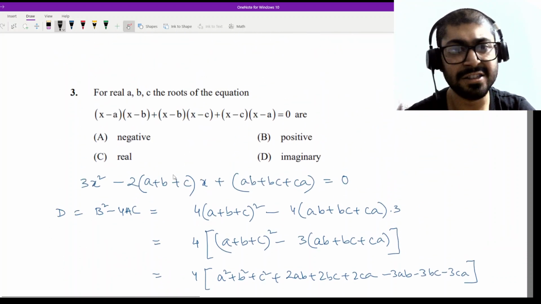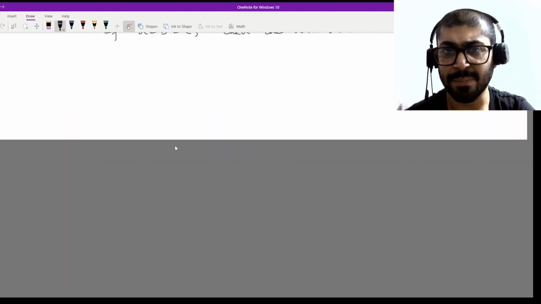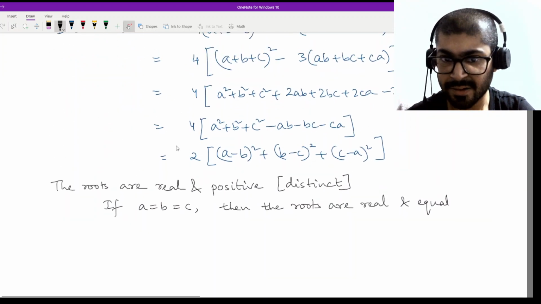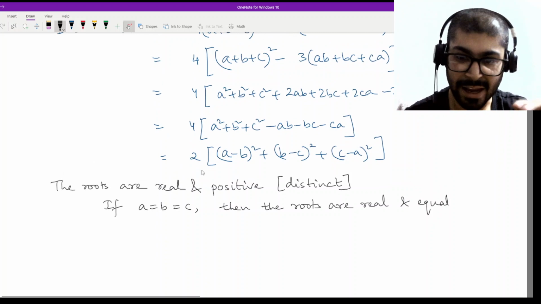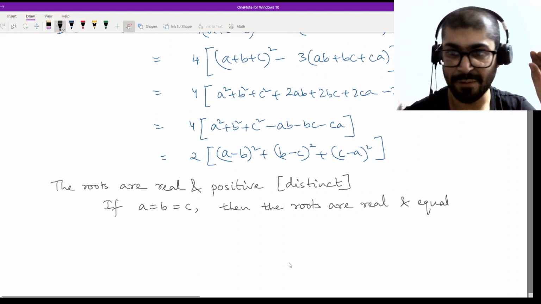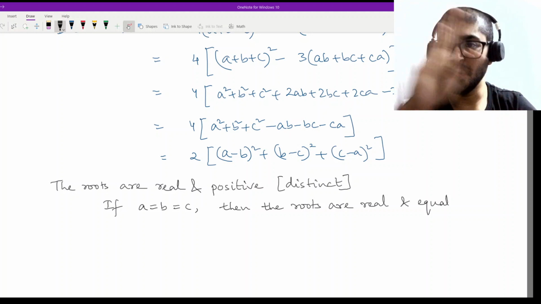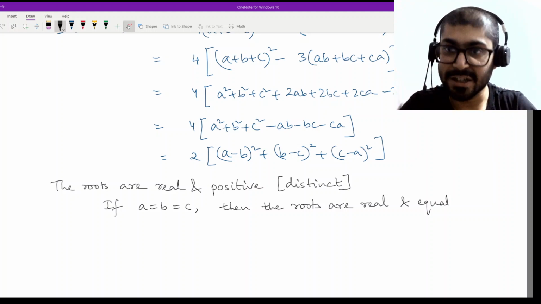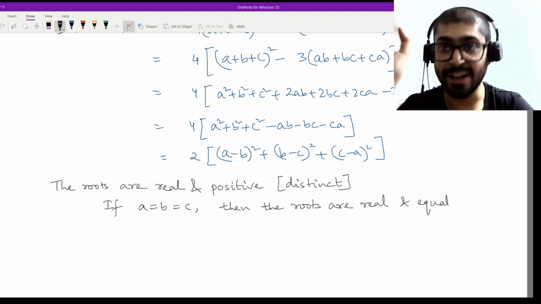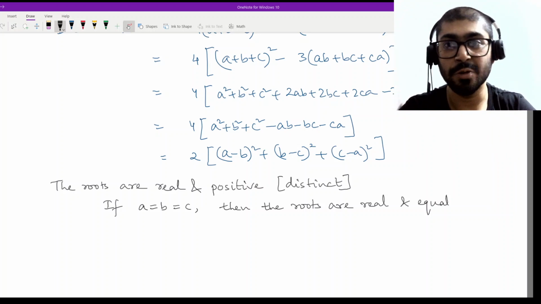So since a plus b plus c could be anything, if a equal to b equal to c, this condition holds, then the roots are real and equal. Equal to which value is not known.